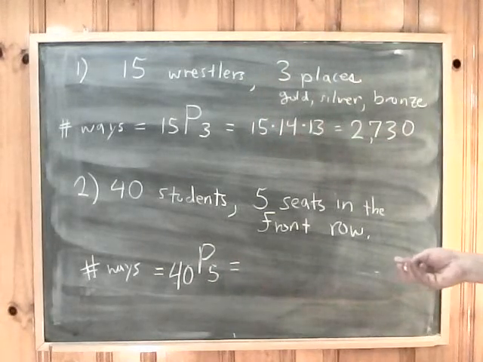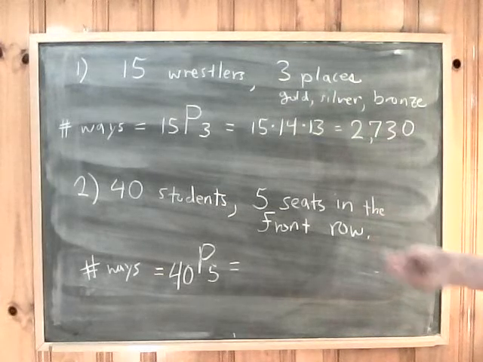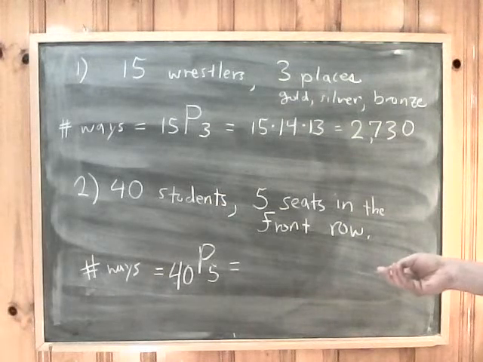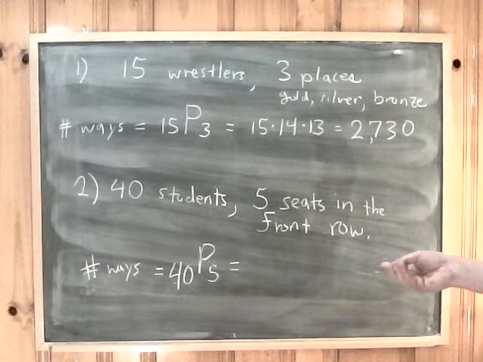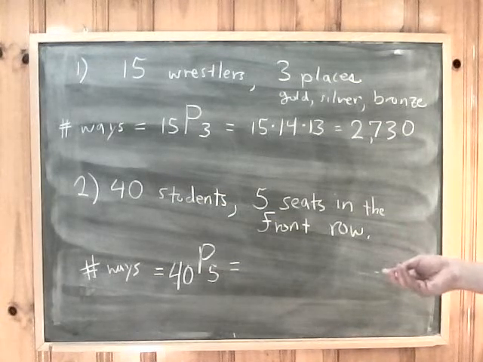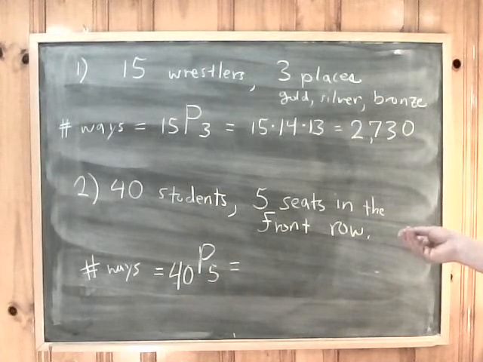If you think about it, that's because when they're filling in those front seats in order, there will be 40 persons who can sit in the first seat in the front, in the far left of that row. Then the second seat in the front, then the third, all the way to the last seat in the front row.